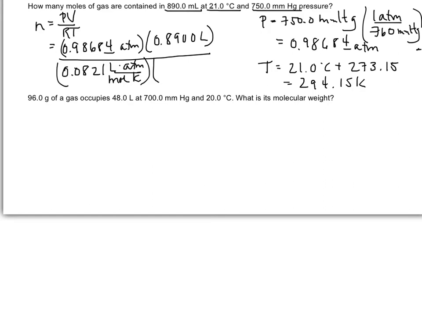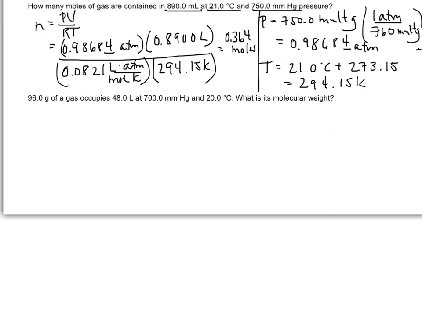And our temperature is 294.15 Kelvin. And that comes out to be 0.364 moles.